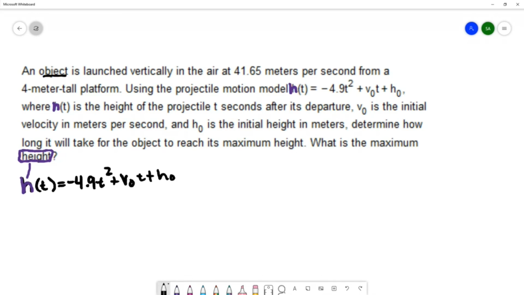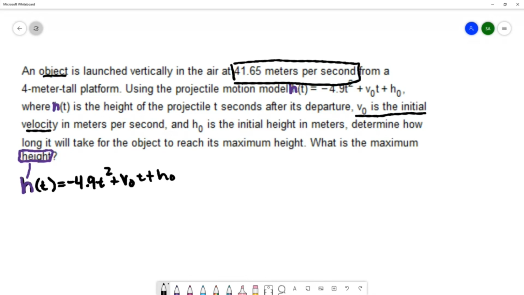Now, as it mentions in the description here, v naught is the initial velocity, and that's what's mentioned right here in the beginning of the problem. The object is launched vertically at 41.65 meters per second.